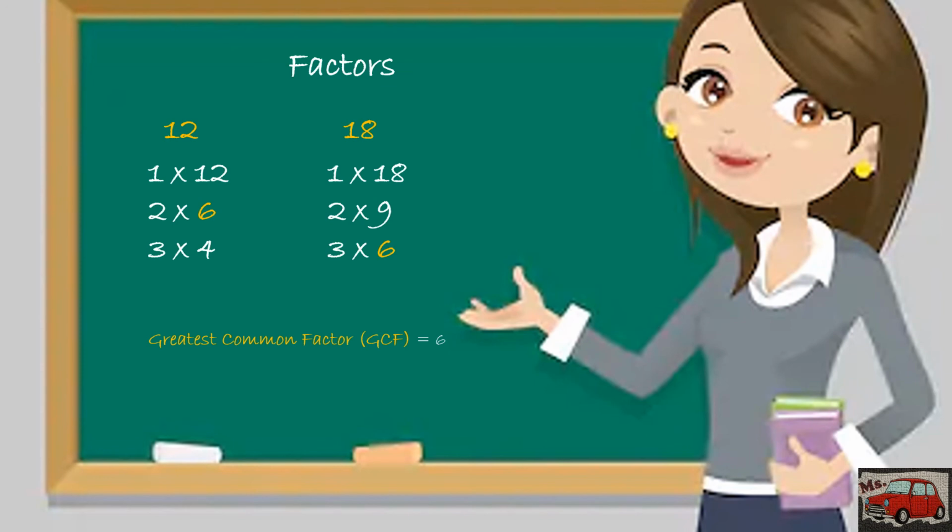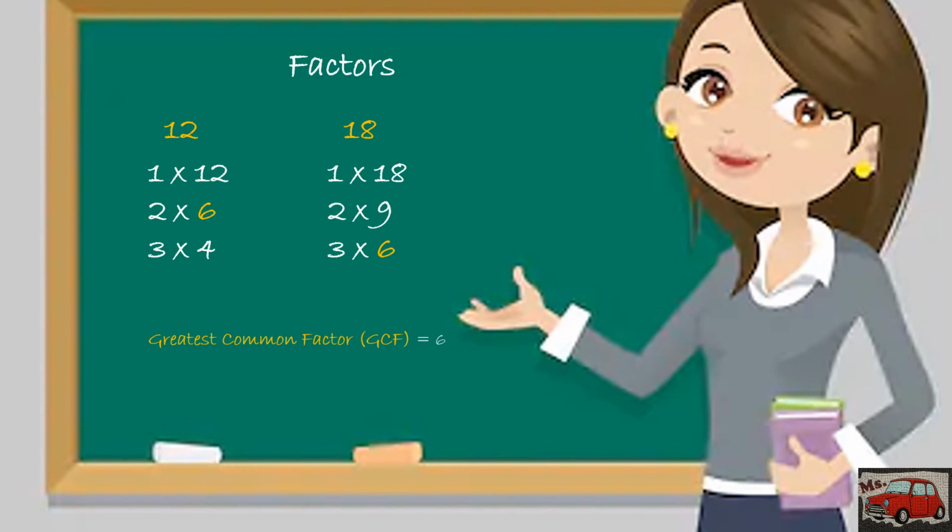Okay? Now, we have 18 here. And we can say that like 12, it has 6 factors. And that is 1 times 18, 2 times 9, 3 times 6. Okay? Now, we have this GCF or greatest common factor. Pag sinabing GCF or greatest common factor from the word itself, hanapin natin yung pinakamataas na parehas silang factor.